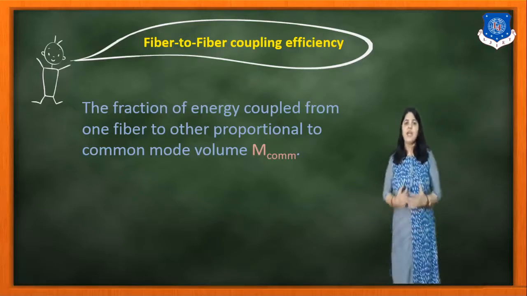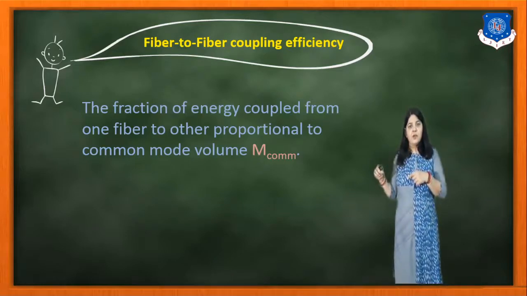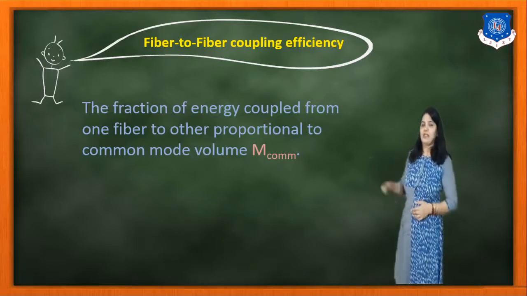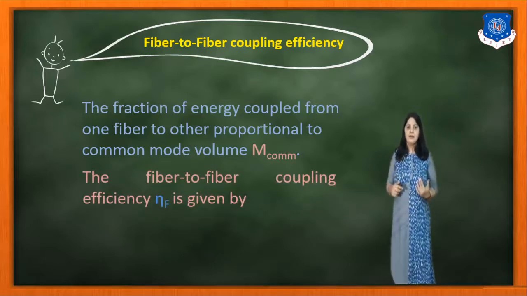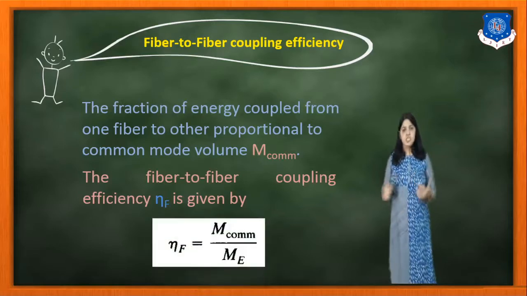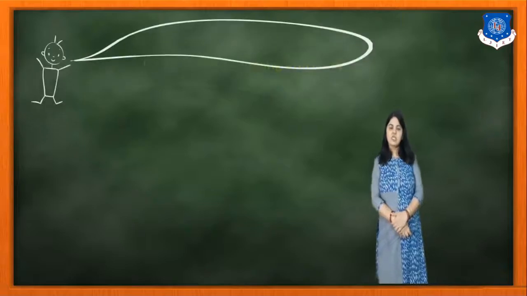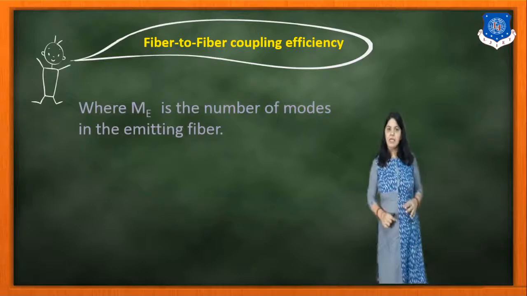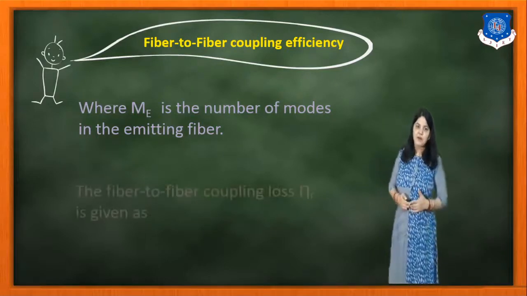The fraction of the energy coupled from one fiber to the other fiber is proportional to the common mode volume, which is denoted by M. The fiber to fiber coupling efficiency eta F is given by M upon ME, where ME is the number of modes that can be emitted by the fiber.